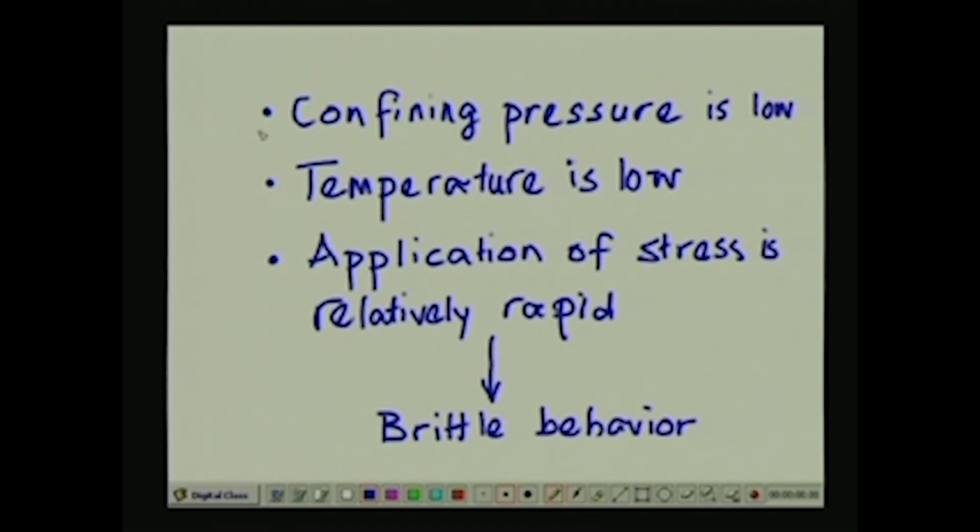So, you look at the first 2 bullets here, and it will be obvious that if a rock specimen is near the surface of the earth, it is going to behave in a brittle manner because the confining pressure is low and also the temperature is low near the surface, and temperature in fact starts mounting up as the depth increases.